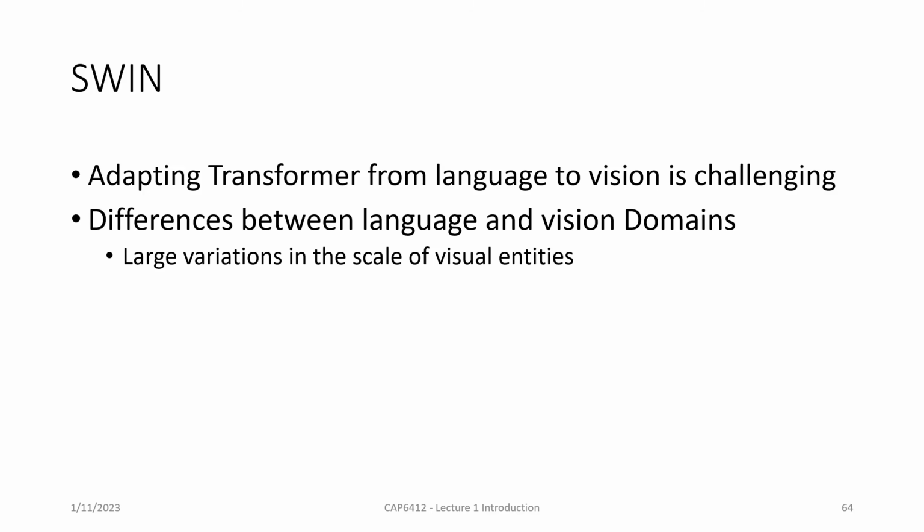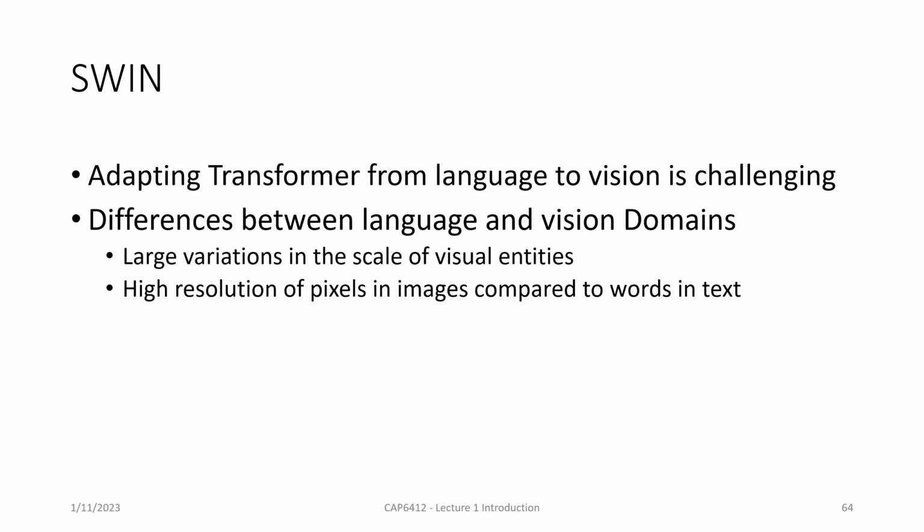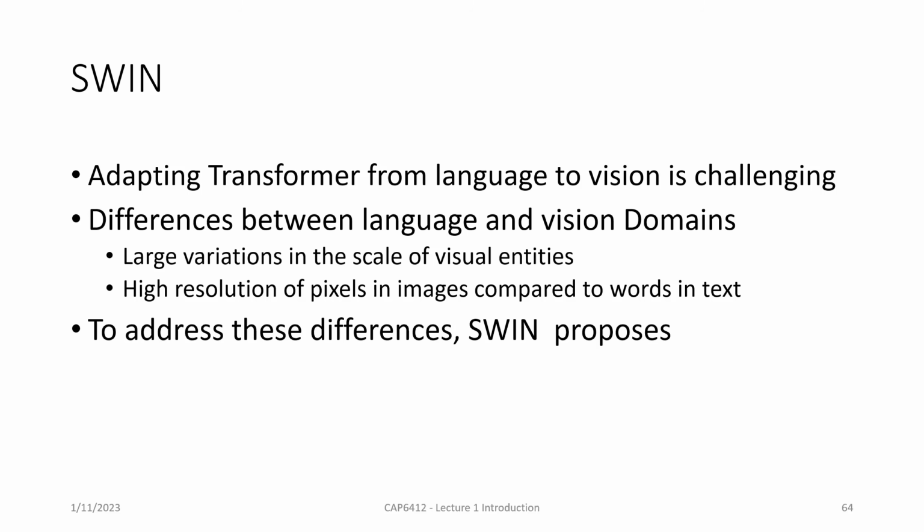But a dog word in NLP is a dog, D-O-G, it's the same thing. The other is that an image has a lot of information as compared to words, because if you want to store a video or image compared to some document, you need a lot of memory. That was one of the reasons that the transformer was delayed in vision compared to NLP.